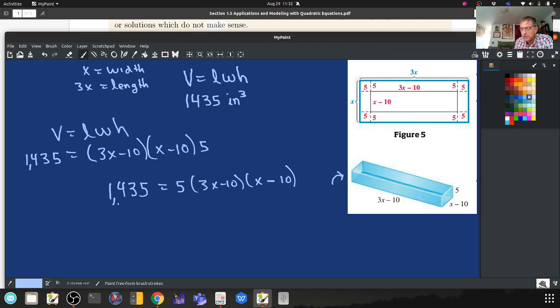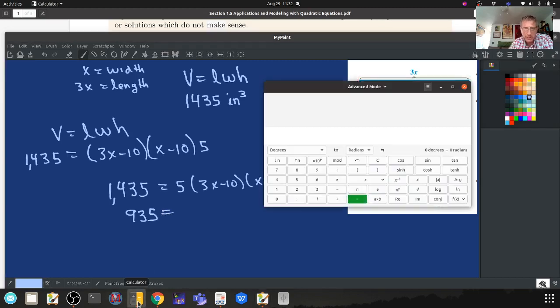1,435 divided by 5 gives me 935. Let's check that. Well, I did it with the calculator. I'm just going to check it. I did it earlier.